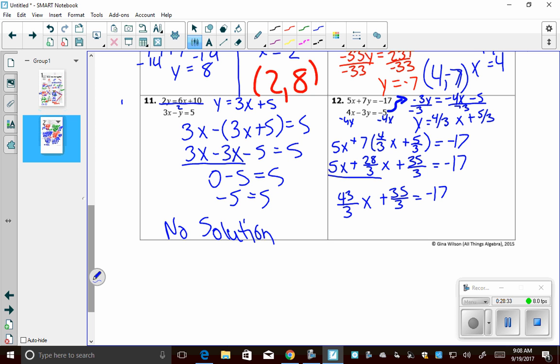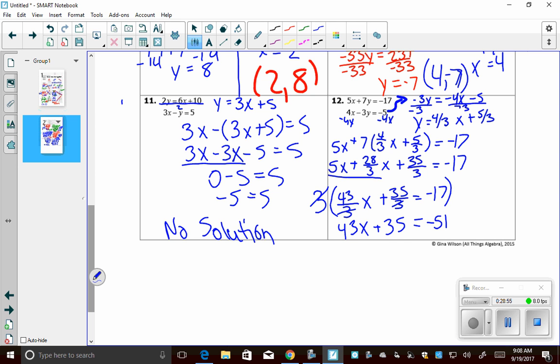If you want to get rid of the fraction first, I suggest you multiply everything by 3, because then the 3's will cancel out, so that you're left with 43x plus 35 is equal to negative 51.